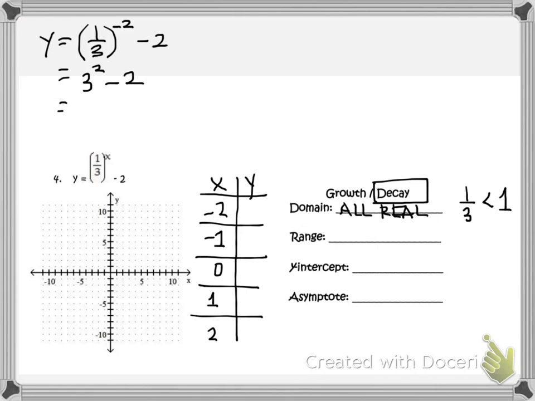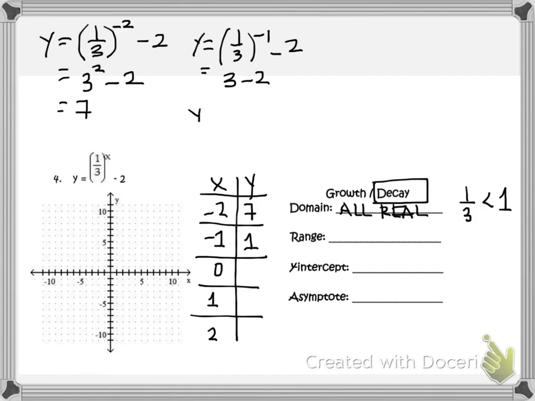So it's going to be a 9 minus a 2, which is going to be a 7. Now if you plug in a -1, so it's going to be 1/3 raised to the negative first power minus a 2. So 1/3, so it's going to be a 3 minus a 2, which is going to be a 1. Okay?